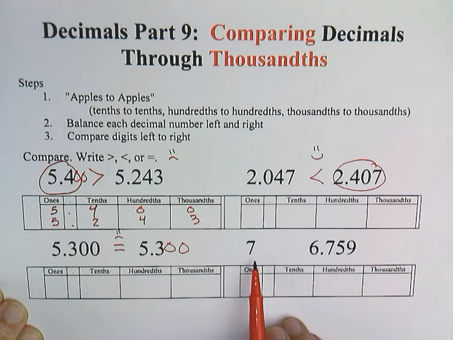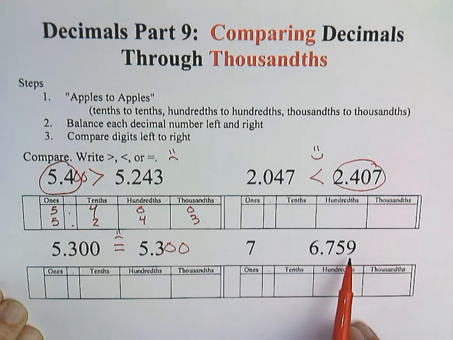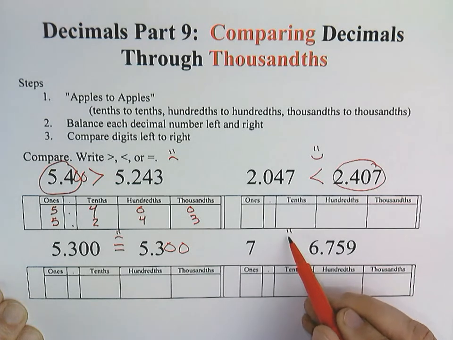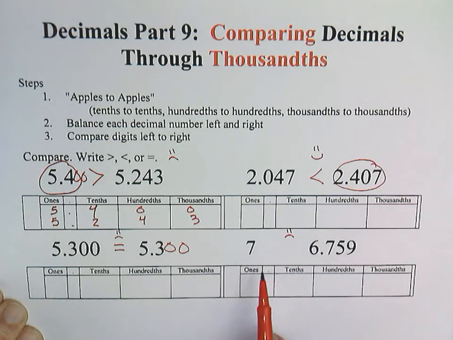This is an interesting one. Here we have 7 compared to 6 and 759 thousandths. And again, most people would see this is a lot bigger, but it's really not. Are we balanced? No, we are not balanced. This does not show a decimal point, but in this case, we need a decimal point. So I would read this as 7, right?